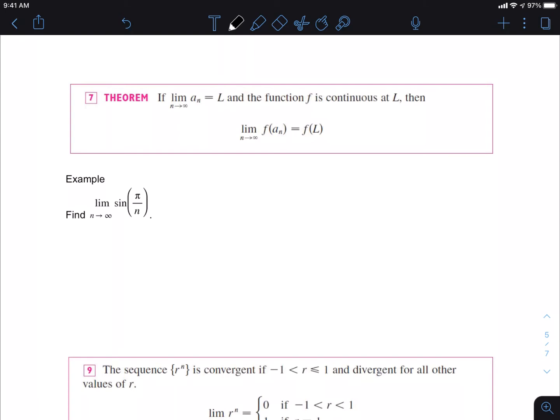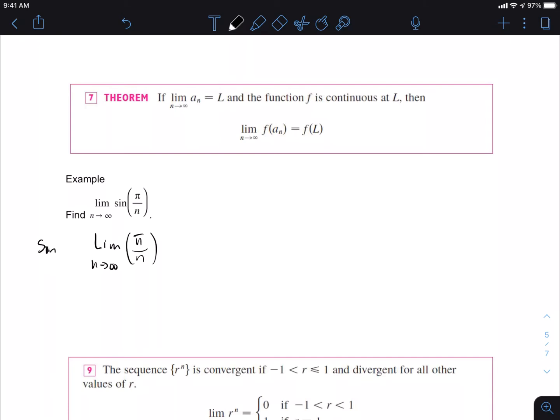So fancy speak for this, limit rules, right? So we know that if we have this internal pi over n for sine, we can rewrite that so that it's taken care of this way.